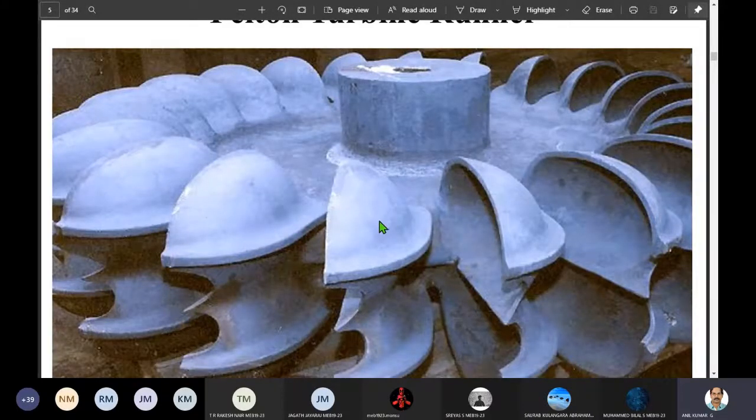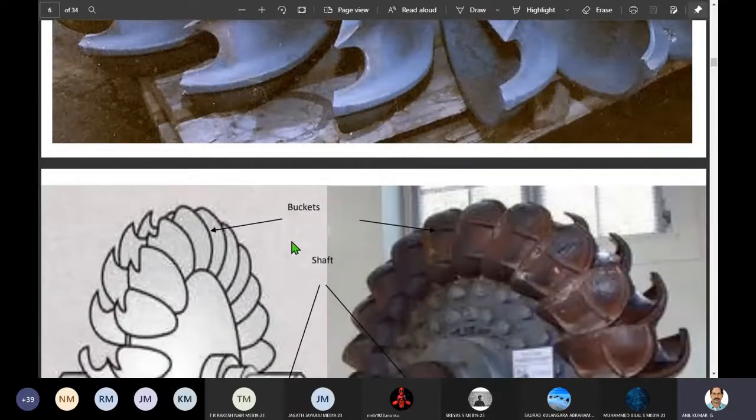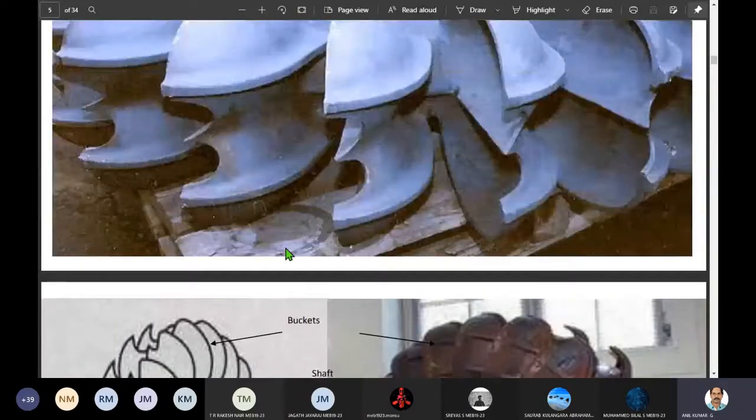So we can treat this as a high head turbine. This 500 is not the level by which you say high head turbine, I'm giving an example only. Any head greater than say 200 or 250 meters is rated as a high head turbine. In a practical sense, 200 meters and above we will consider a high head turbine.